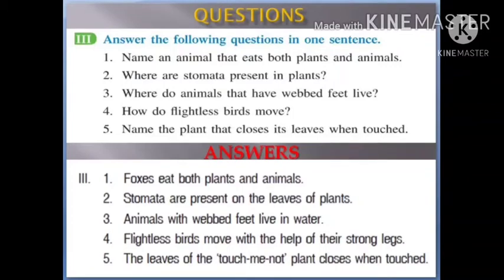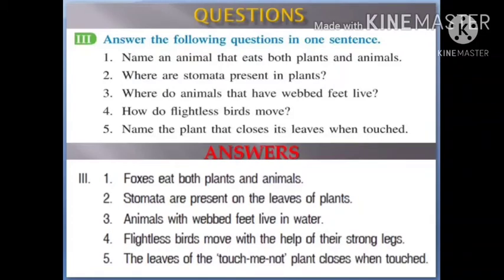Question 4, how do flightless birds move? They cannot fly, so how do they move? So answer, flightless birds move with the help of their strong legs. They walk or they run.